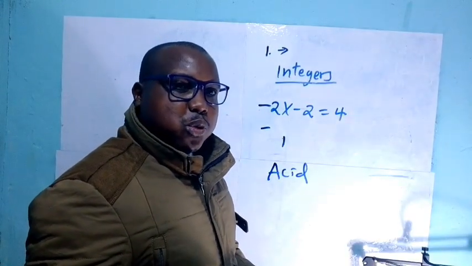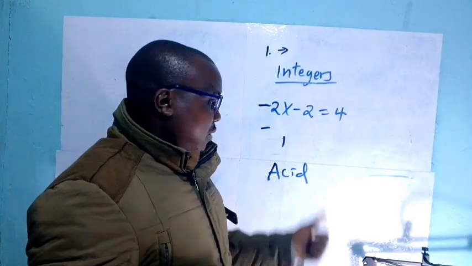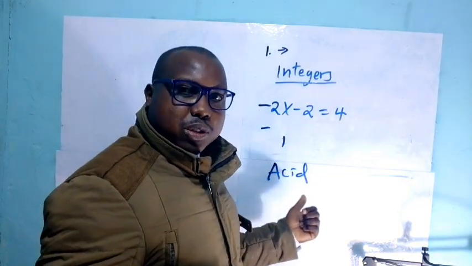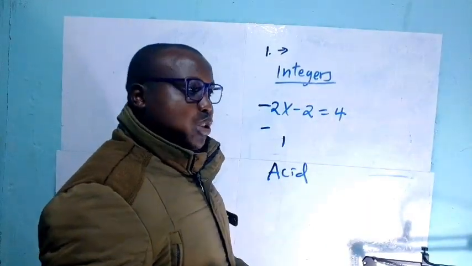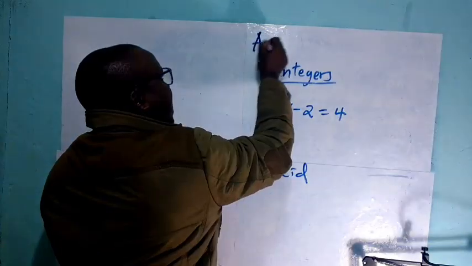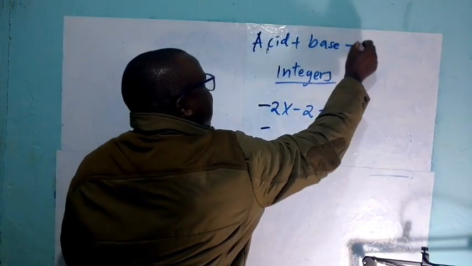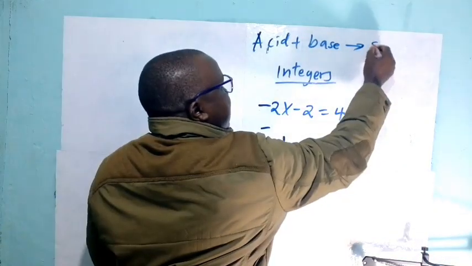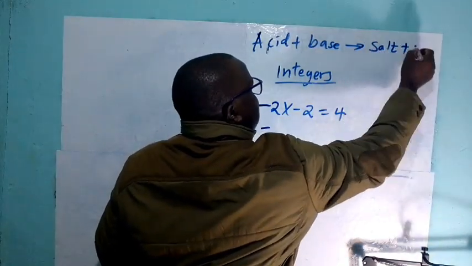Now in Form 2 you will be required to write equations. In Form 1 we write word equations. Now in Form 2, as you write the chemical equation, you need to remember that in Form 1 you learned that an acid plus a base, what are the products? The product is a salt, a metal salt, plus water.